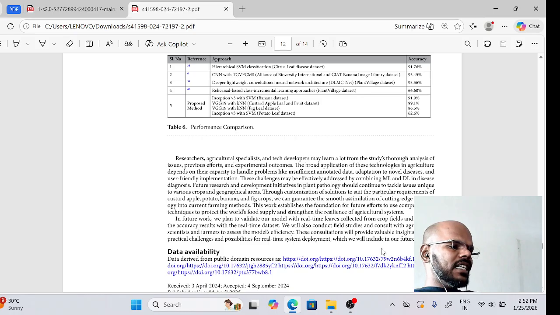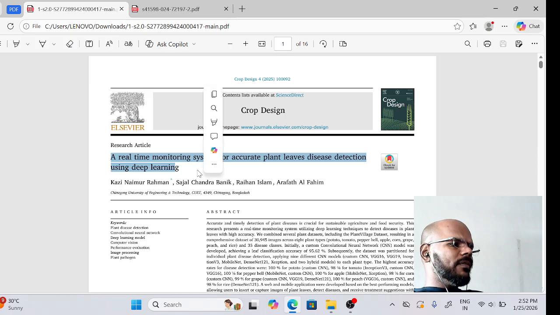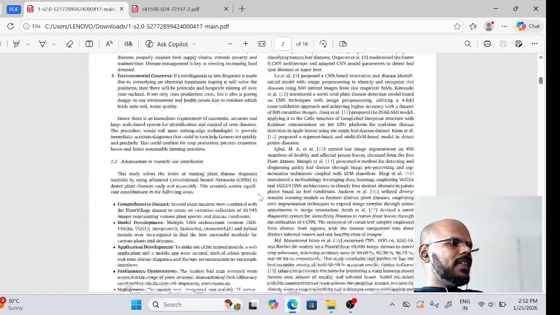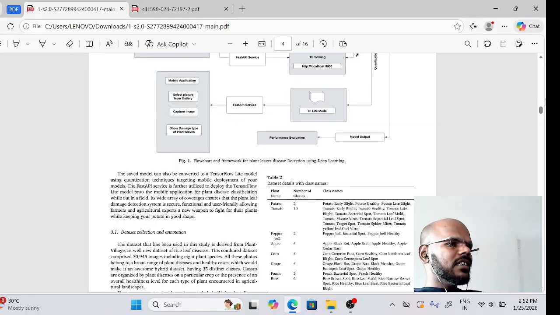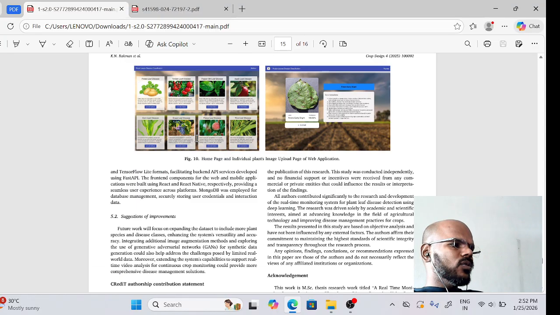So now concentrate on this. Like you read one paper, similarly you read one more paper in your area of interest. I am opening one paper from the Elsevier publisher, where Craft Design is the journal name. Like that, you pick a recent paper with a title that you feel is your area of interest. Similarly you go to this paper's conclusion section.